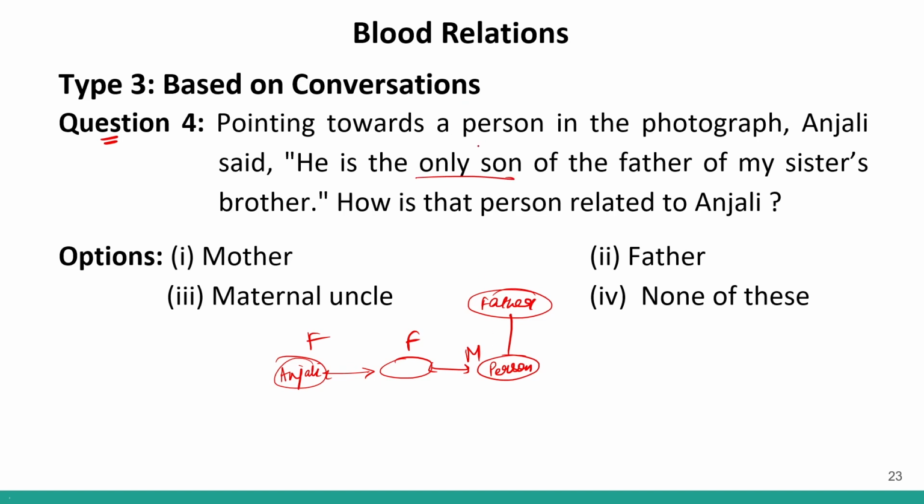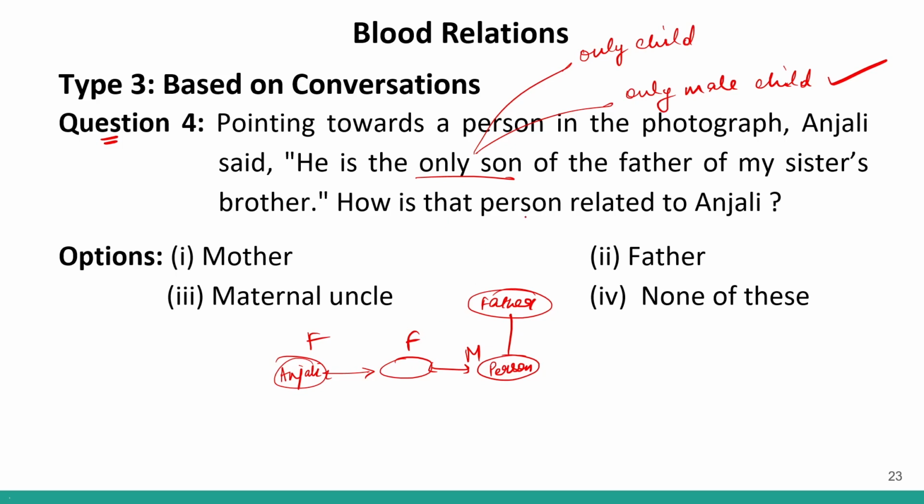So, only son, I've told you there are two interpretations. Only son can mean only child and it can mean only male child. Which is the correct interpretation? This is the correct interpretation. We cannot interpret that he is the only child. So, he is the only son of the father of my sister's brother.